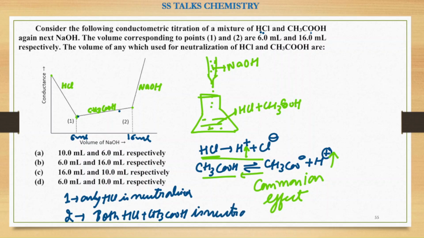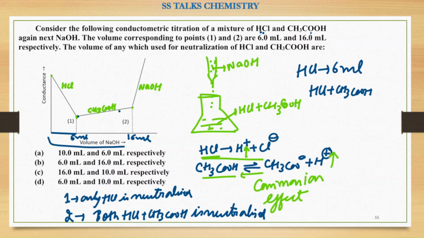For the HCl, the volume of NaOH used is 6 ml, whereas for the HCl plus the acetic acid, the complete volume till point 2 is 16 ml. That means for the acetic acid, the volume used will be 16 minus 6, which is 10 ml. So 6 and 10 ml is given in option D.